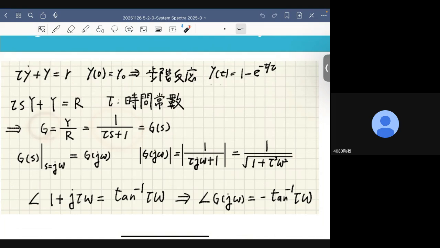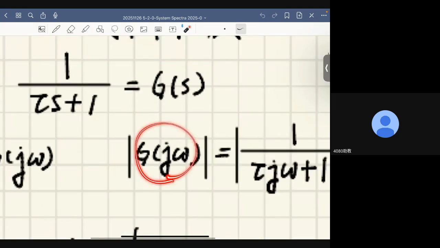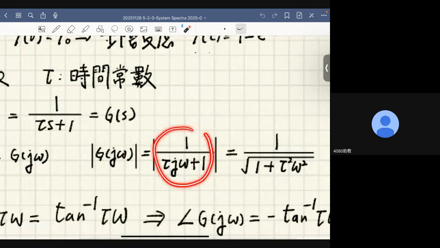Now, the next step is that we want to go to the frequency domain. So I replace s by jω, and this is what I have. Now, G(jω), which is here, becomes this. This is my transfer function.